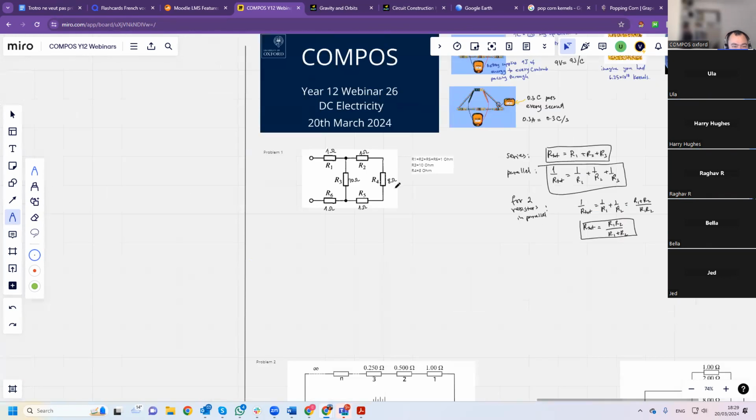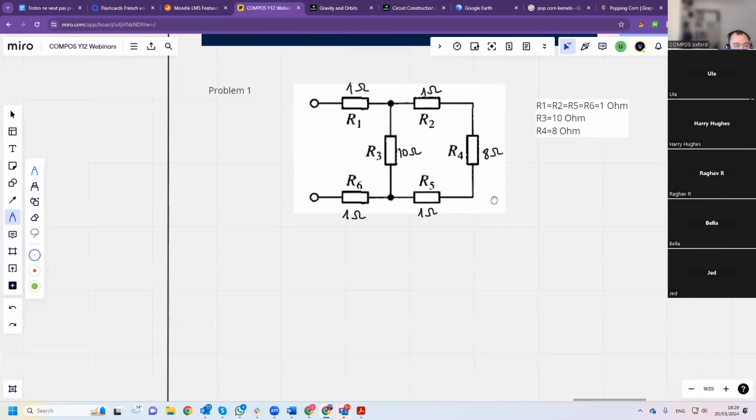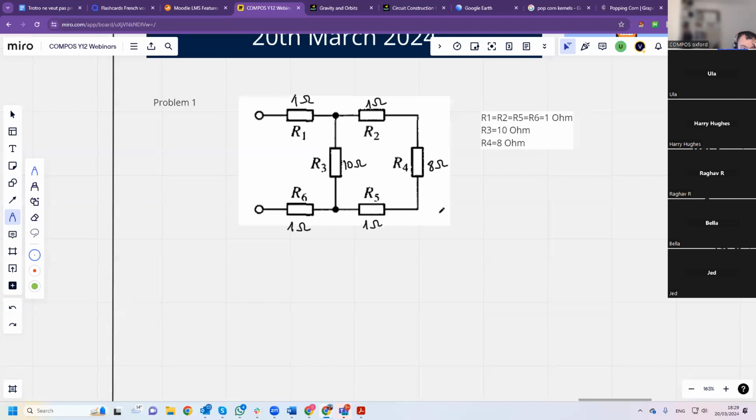Okay. So what I like to do with this is find sections, or I like to straighten up the wire first. So I can straighten up the wire, and this is R1, and this is R3, sorry, R2.